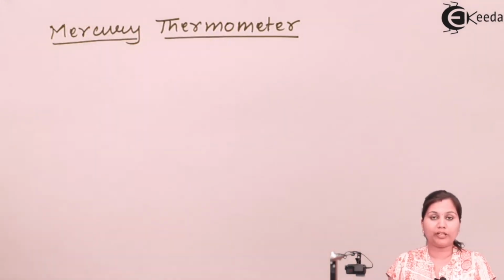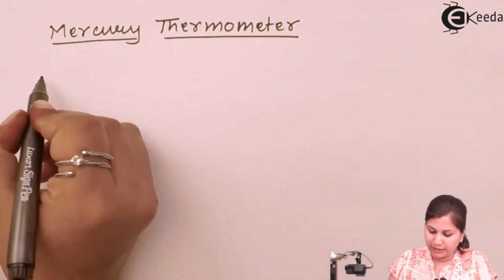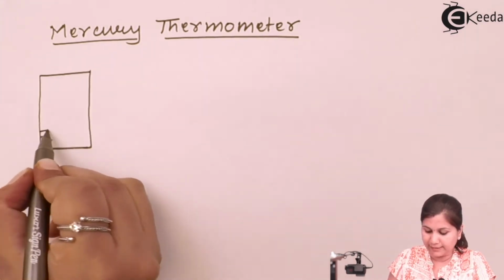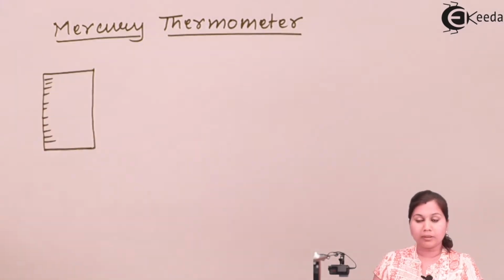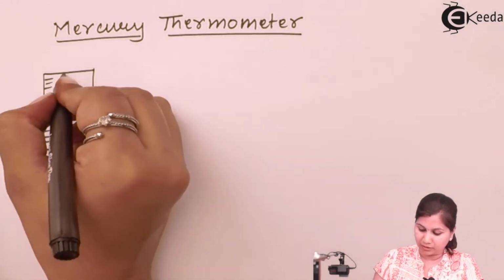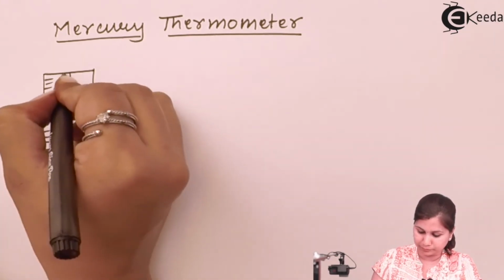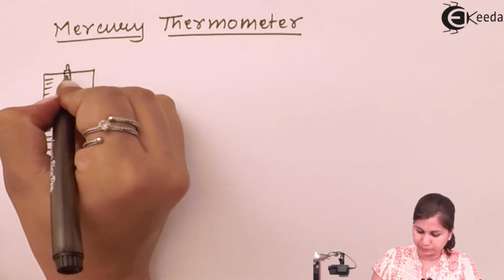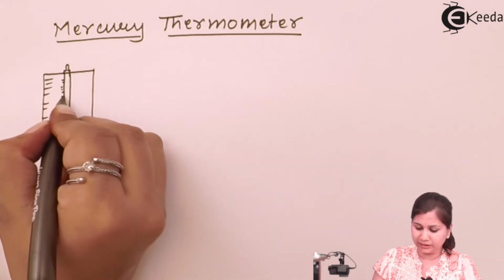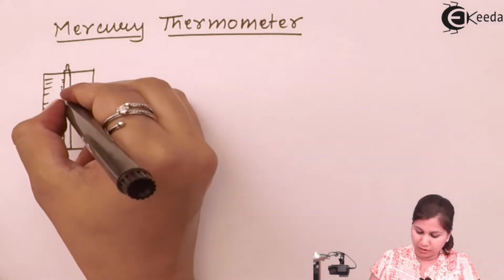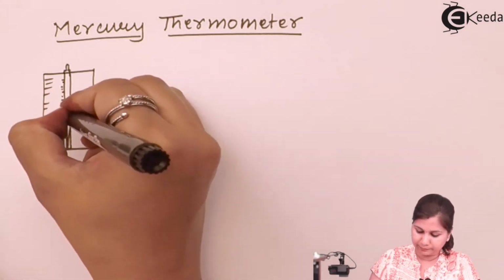The mercury thermometer measures the variations in the temperature by measuring the variations in the length of the mercury column. You can see that in a mercury thermometer we have a column in which the mercury is filled, and on that we have the scales.